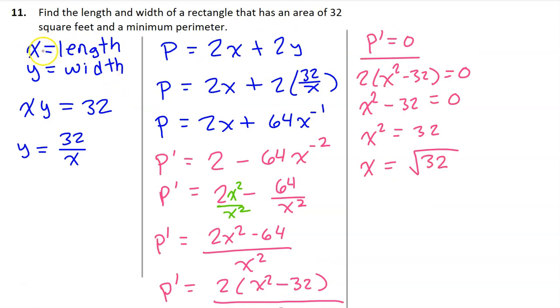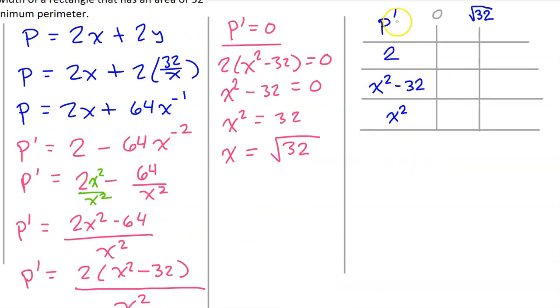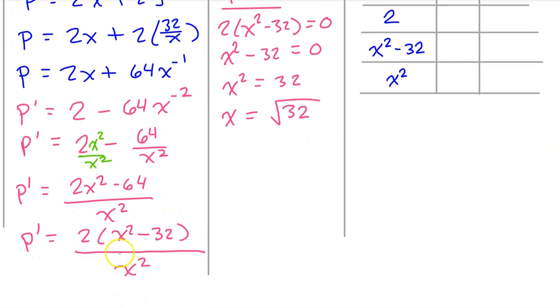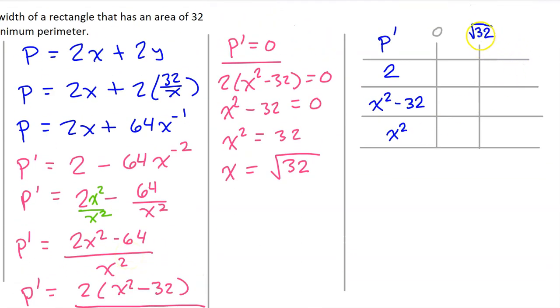Because we have an unlimited interval and one critical value, we can find the absolute minimum using a sign chart. So here's your p prime sign chart with a row for every factor in the p prime and with the critical value at the top and the lower limit of 0 because x has to be bigger than 0.